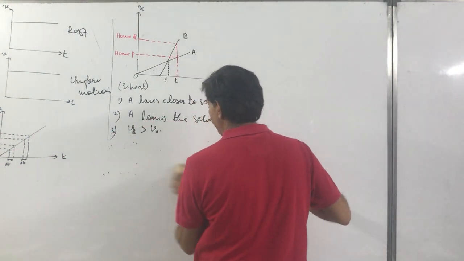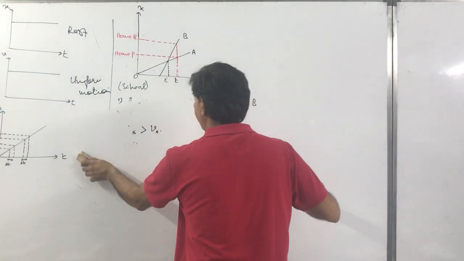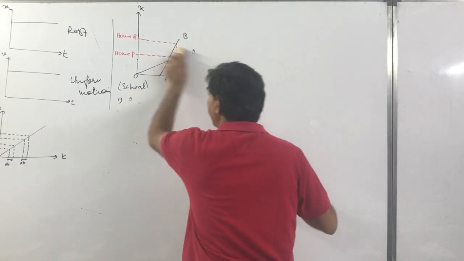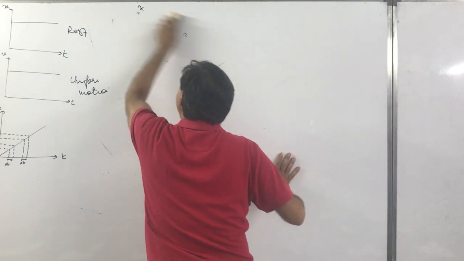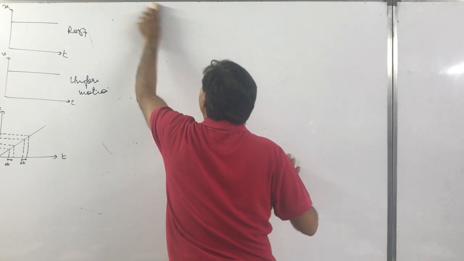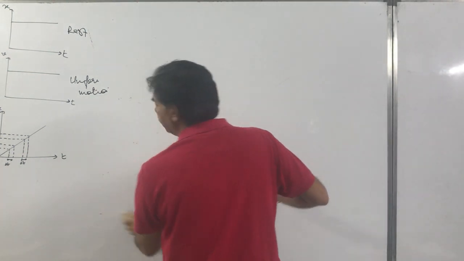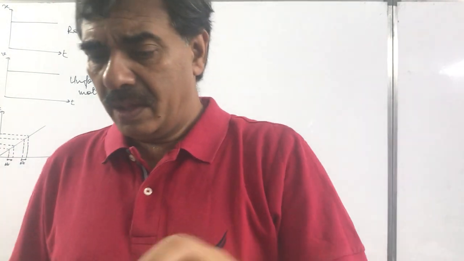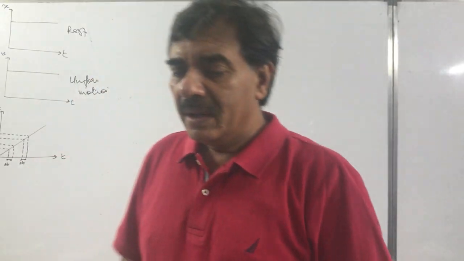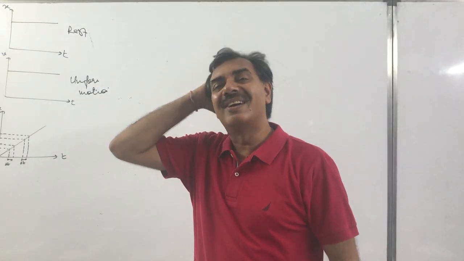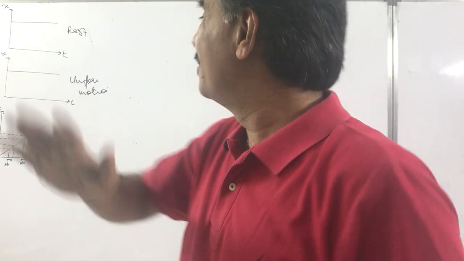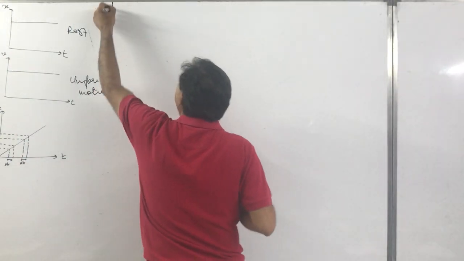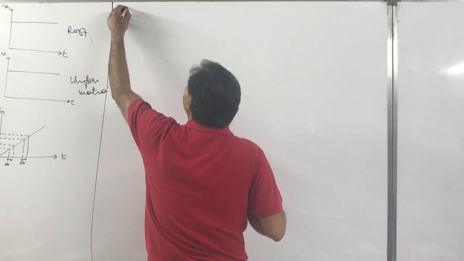Now, let me discuss a couple of questions which I feel could be a subject of discussion. There was this question about a drunkard taking 5 steps forward and 3 steps backward.